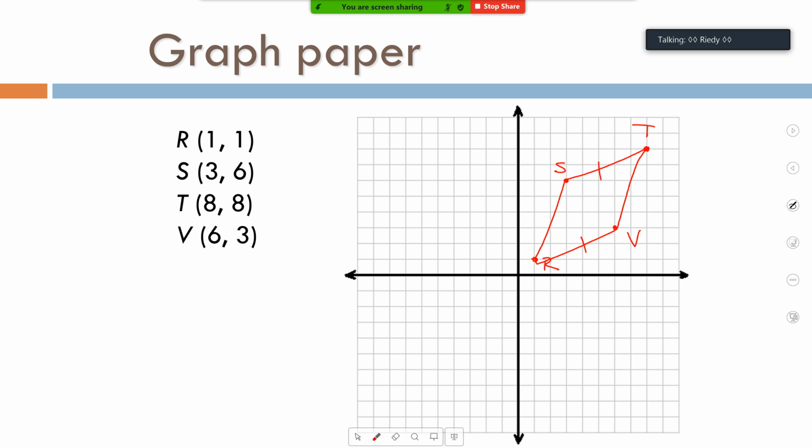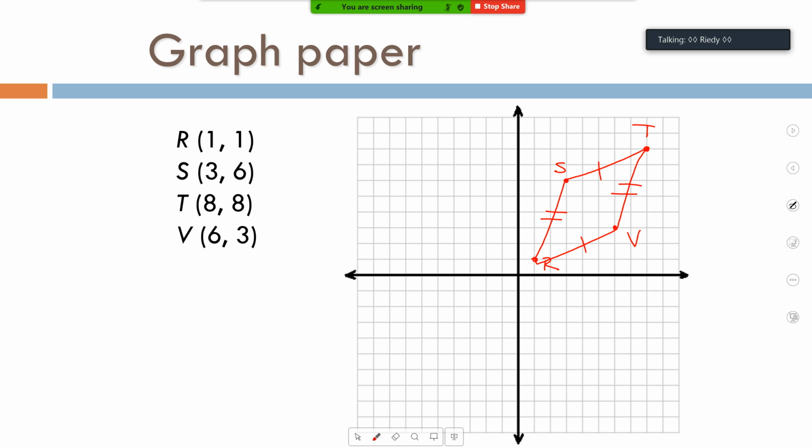Lorenzo, what would you do? Mia, do you know? Plug it into the distance formula. You'd use the distance formula on your calculator, save yourself a lot of hassles. So there's another way to do it. Check to see if the opposite sides are congruent.